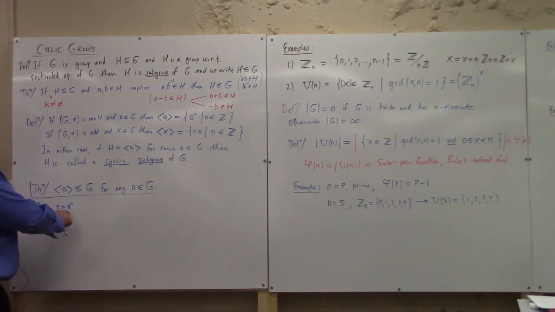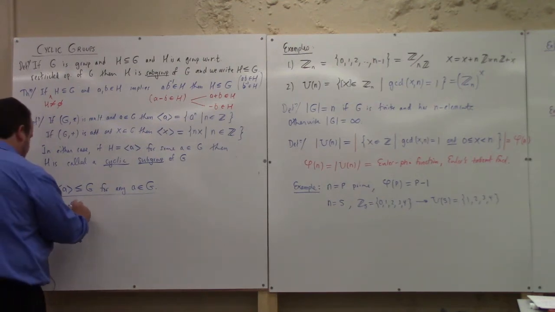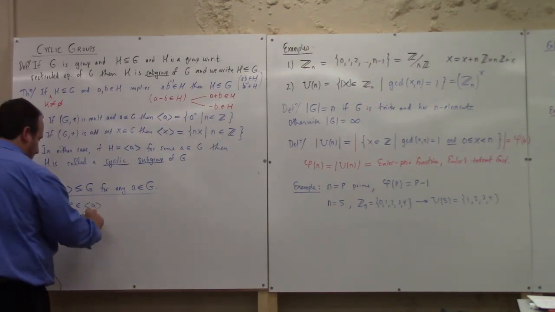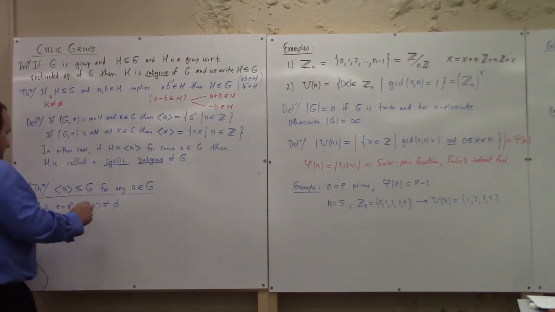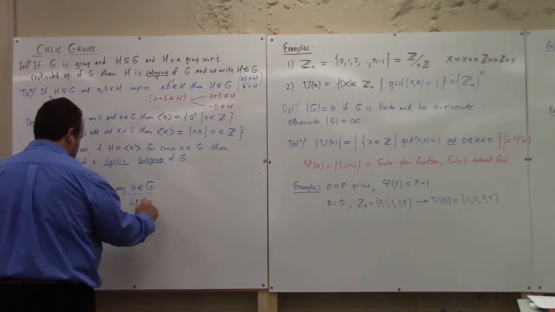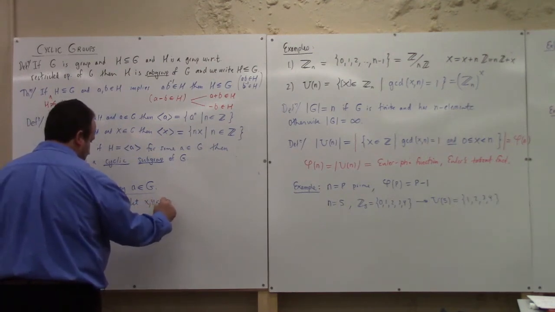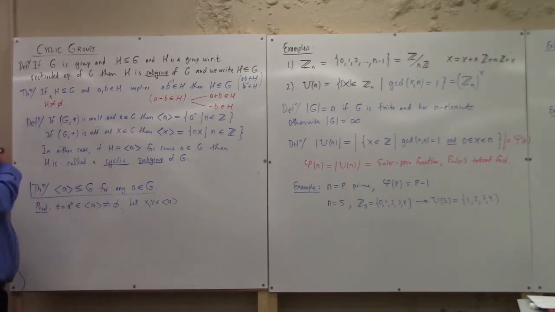So A to the 0 is E, right? And so that's an element of this, so that's non-empty. Let X and Y be elements of the set generated by A. What's that mean?